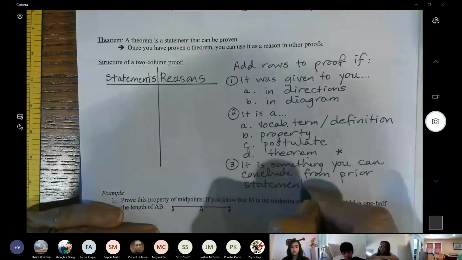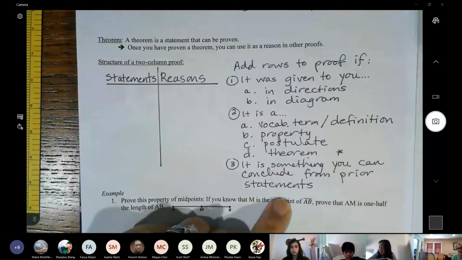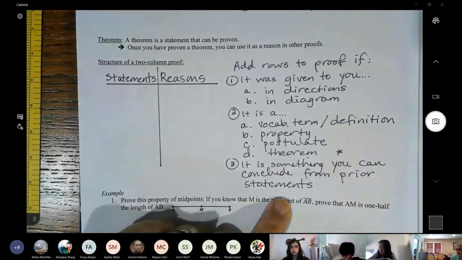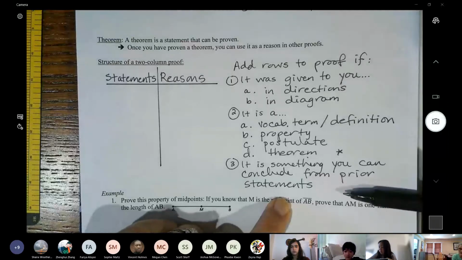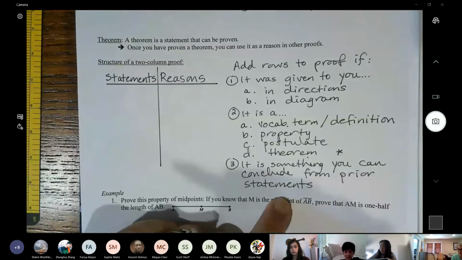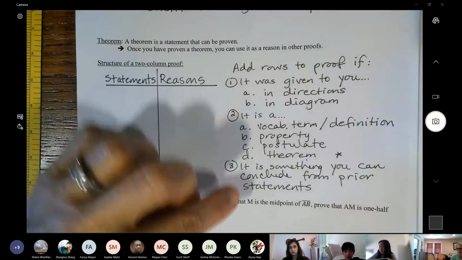I'll give you an example of that. So say I find out, or I'm given the fact that two angles are congruent. So I'd start there, but then the next one would be that the measurements of the angles are congruent. So because I got that, I could say the next one.